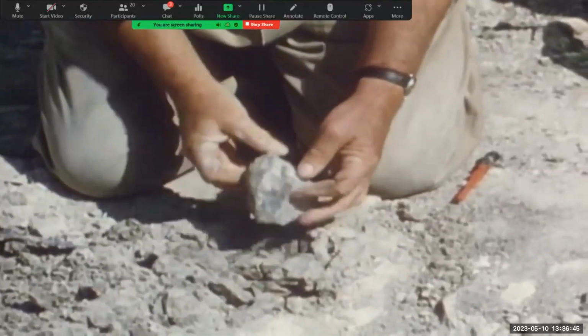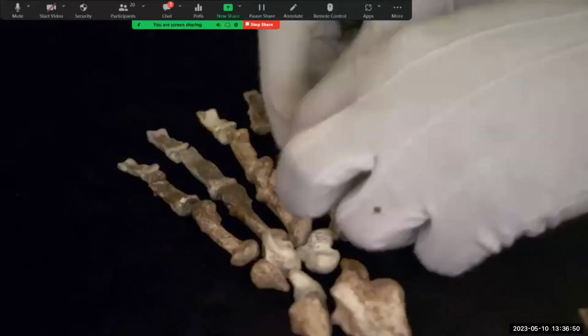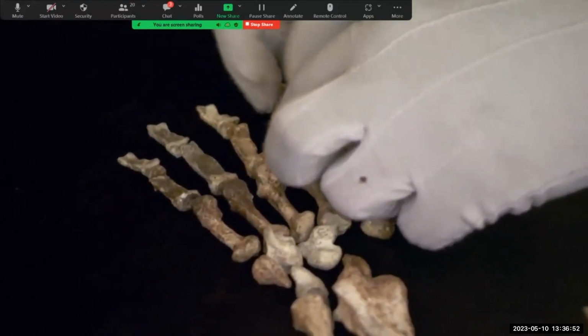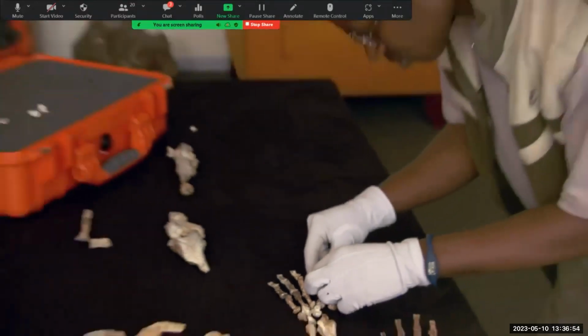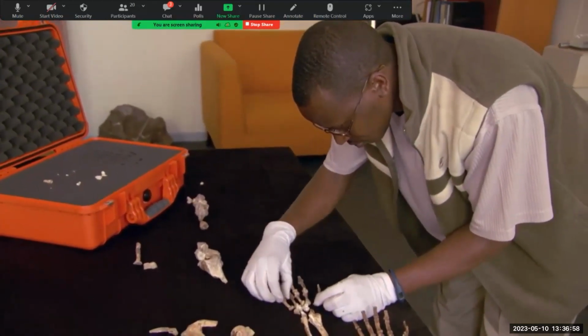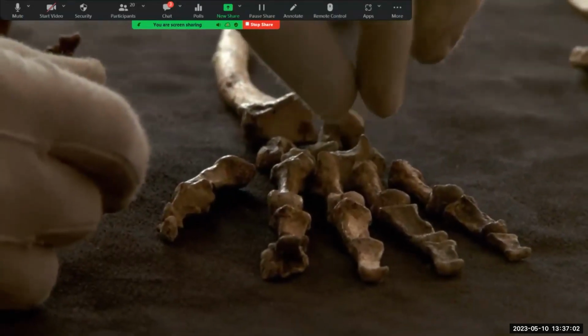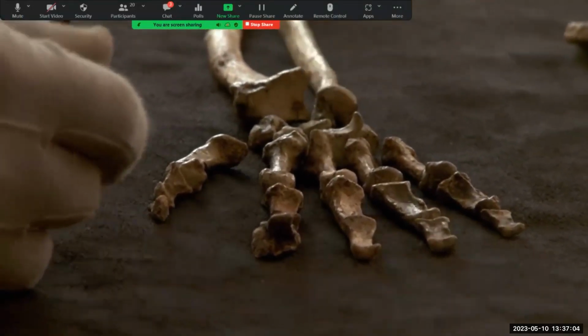One of the main reasons for classifying it as human was that it was found with tools. But that is now looking less like a defining characteristic of the genus Homo. We now know that even the more primitive Australopiths had the capacity to use stone tools.